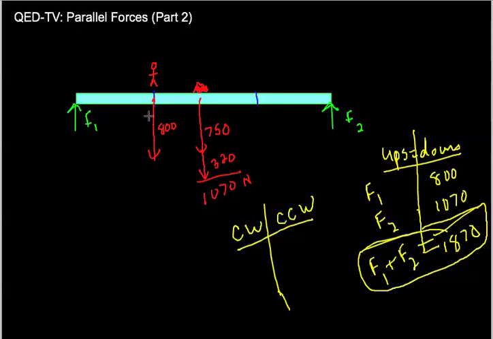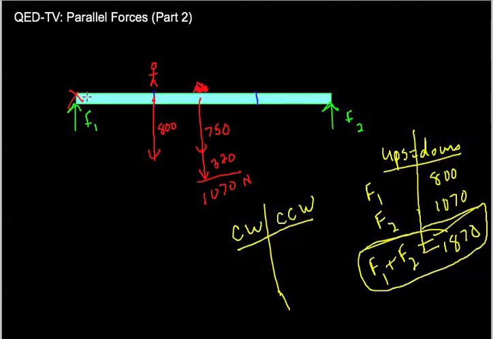If you remember in part 1, if I can choose a place where I already have a force, that means I don't have to worry about that force. If I don't know a force, then I'm going to choose as my reference point F1. That way I don't even have to worry about F1 when I'm figuring out my torques.